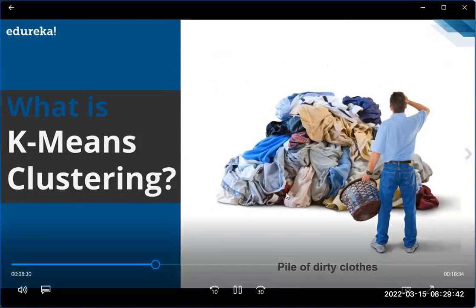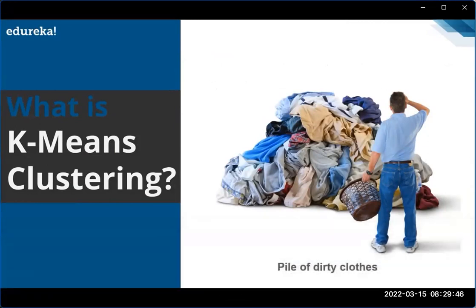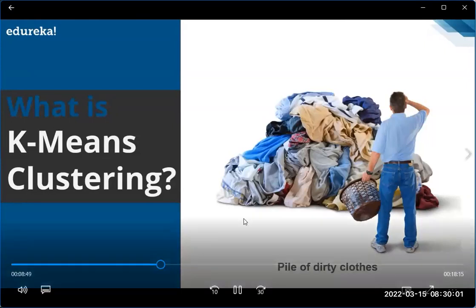So what you did, initially you called your mother. You asked her how to wash these clothes. She said that there are specifications for each variety of clothes. Okay. Some are washed in hot water, some in cold, some can be put in the dryer, some need air drying, and so on. There are various specifications for various clothes. All right. To make this a clustering scenario, let's assume that your mother asked you to divide into 3 parts.